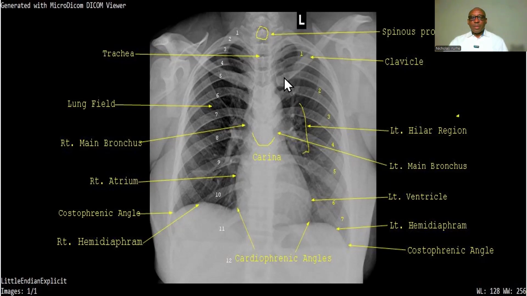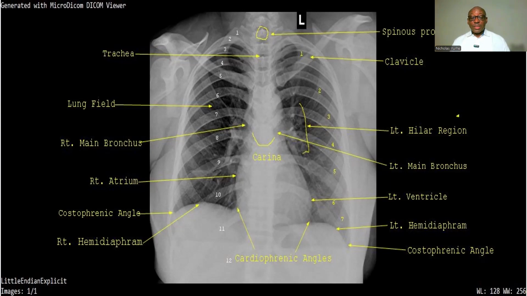Furthermore, in gross anatomy, we know the thorax is made up of bones, soft tissues, and it has a thoracic cavity.